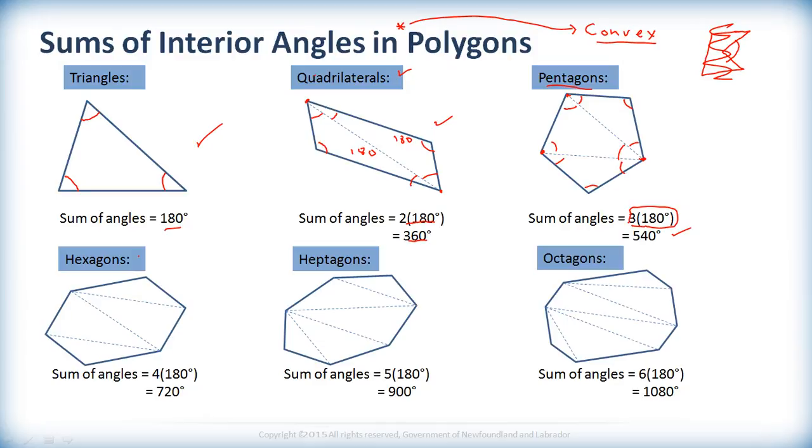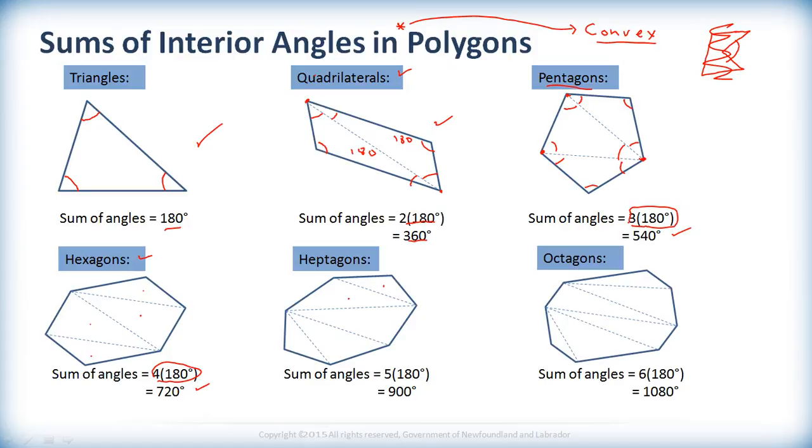If I go to a hexagon, well, let's see. How many triangles do we break it into? 1, 2, 3, 4 by dividing it up. So basically for a hexagon then, I just take 4 multiplied by 180 degrees, and I get 720 degrees inside. For a heptagon, sometimes called a septagon, but it's a heptagon correctly, I believe, which is a polygon with 7 sides.